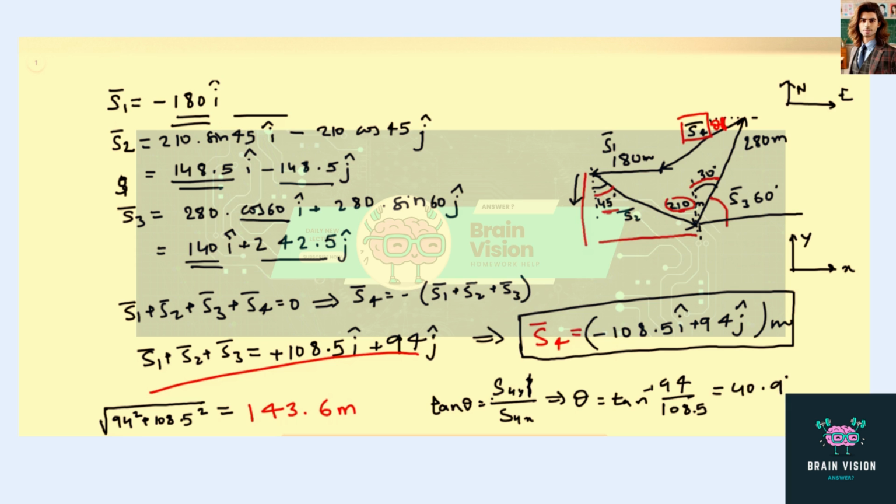But remember, this 40.9 degrees is with the negative x-axis, which would be the westward direction, and then it goes downward, which is south. Hence, this angle is 40.9 degrees south of west.